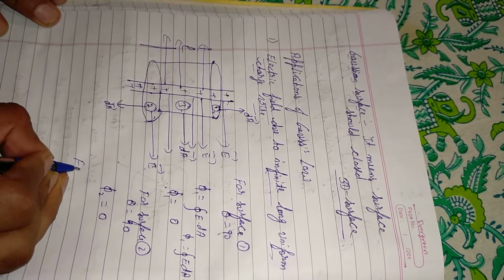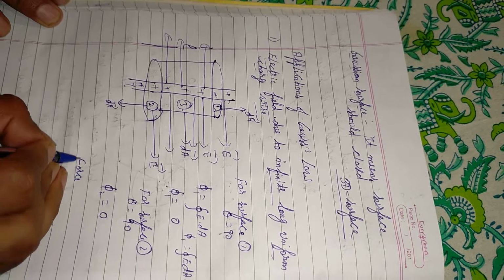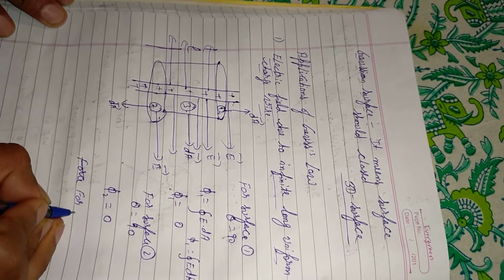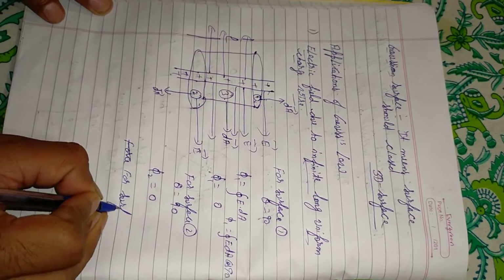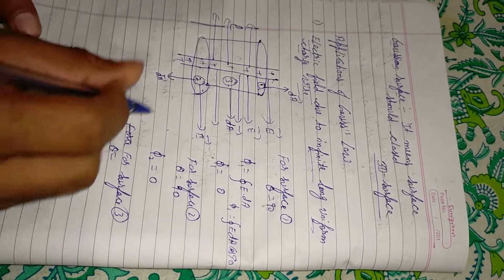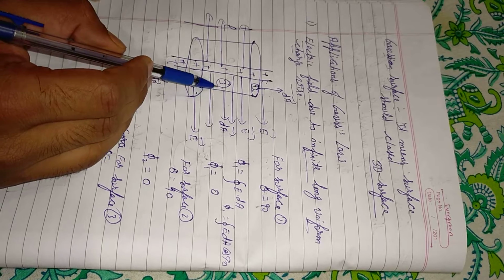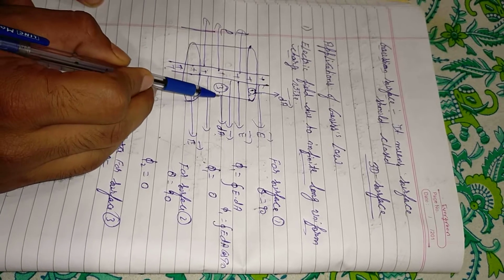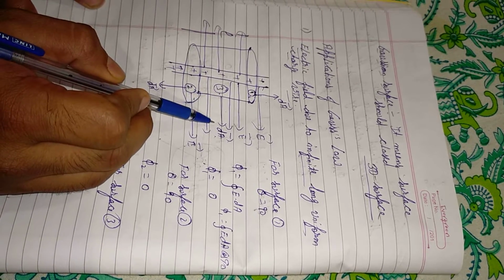Now for the third surface, the electric field lines move from left to right and the area vector is also outward, left to right.